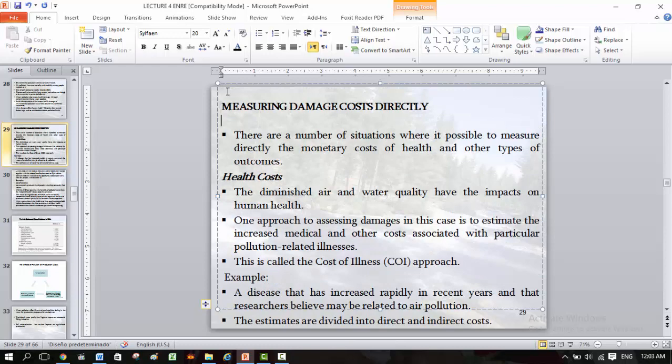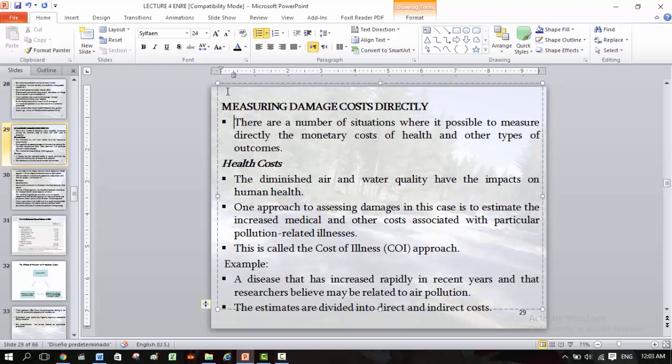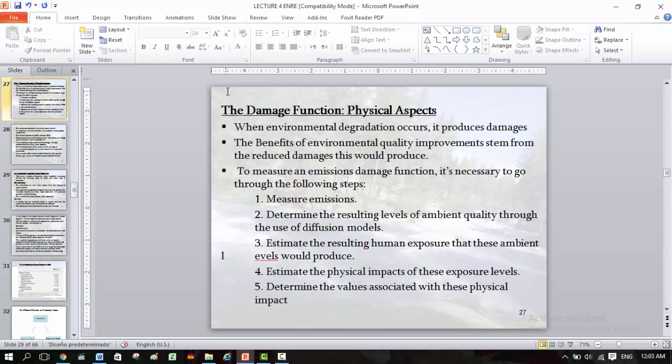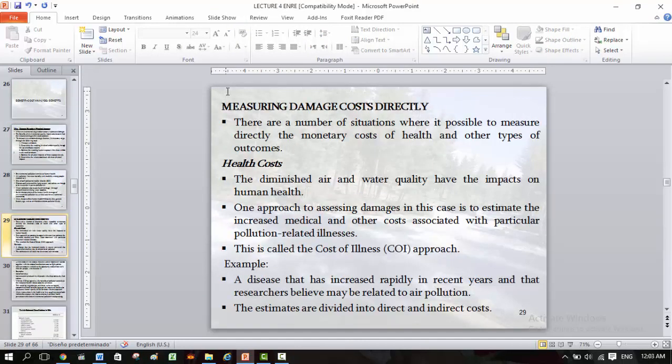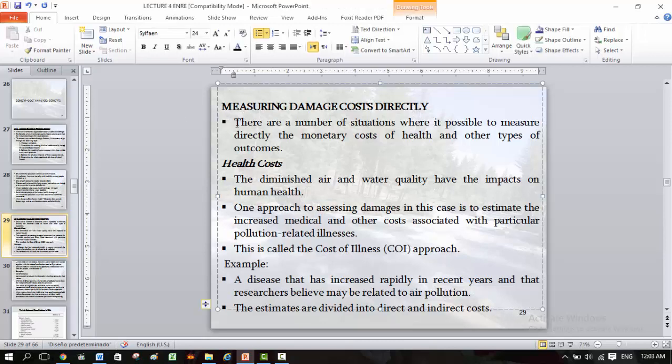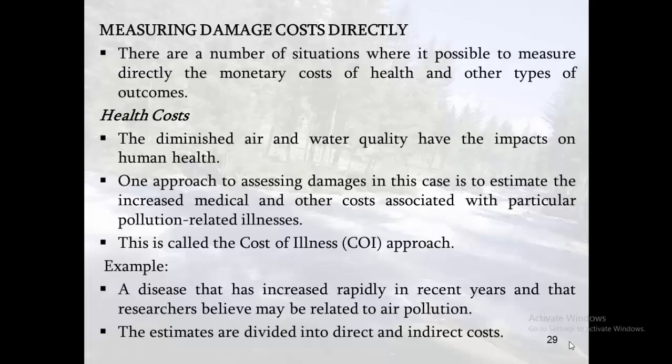As we discussed, the damage function is used to calculate the benefits, and we discussed that if we reduce those damages, definitely we will get the benefits, and we can measure those benefits. We can measure the damage directly and indirectly. First, we come to the estimation of the damages directly.